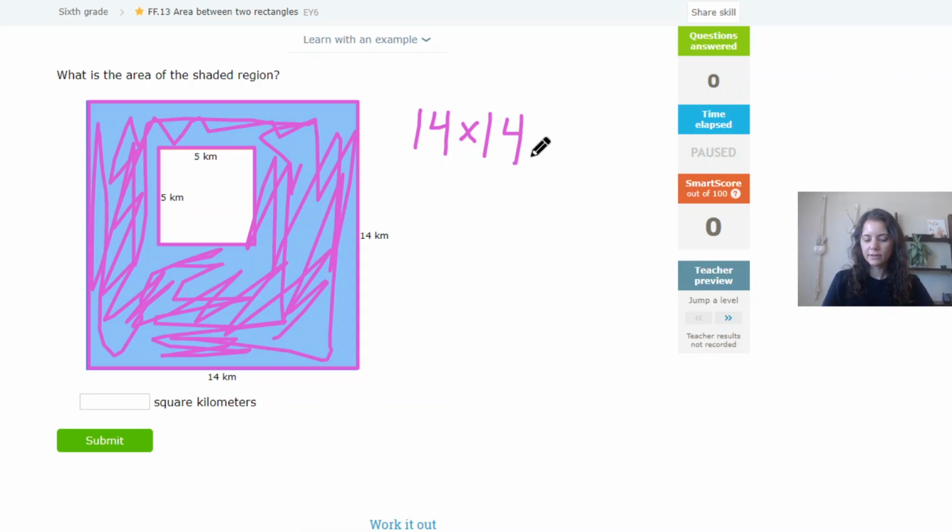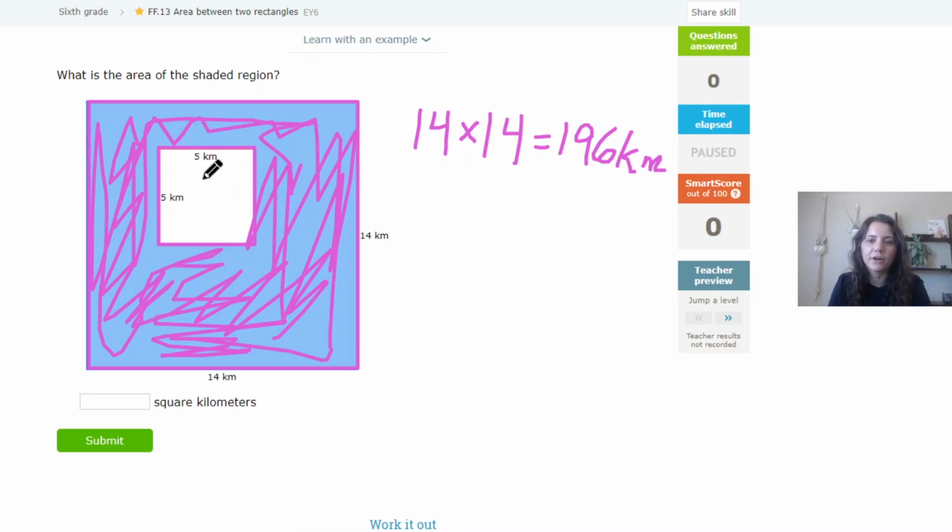IXL kind of just gives me these problems and I have to work through them, but that's part of life. Okay, 14 times 14 is 196. So it looks like the area of this larger square is going to be 196 kilometers squared.